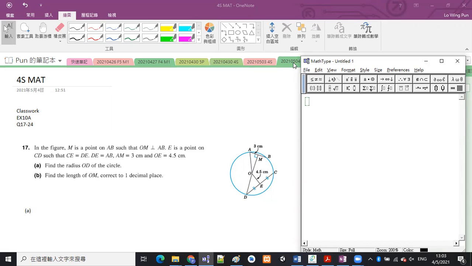Triangle OEB at the beginning is not a right-angled triangle. It is not given that it is a right-angled triangle. So we need to spend one step to prove that it is a right-angled triangle before we can use Pythagoras theorem.